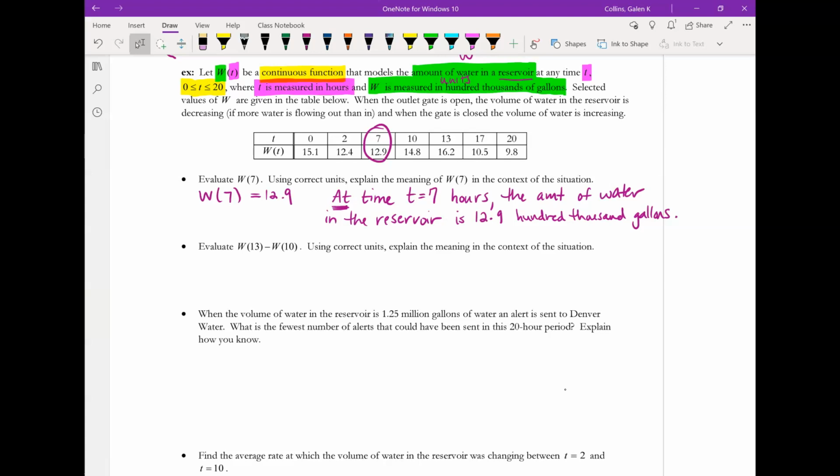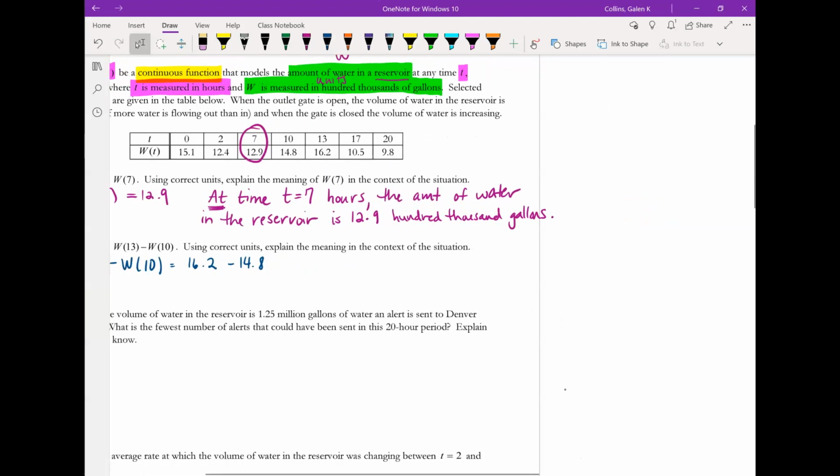All right, next we have to evaluate w of 13 minus w of 10. So again, for that evaluate piece, the first thing I'm going to do is just the literal math. So w of 13 is 16.2. w of 10 is 14.8.